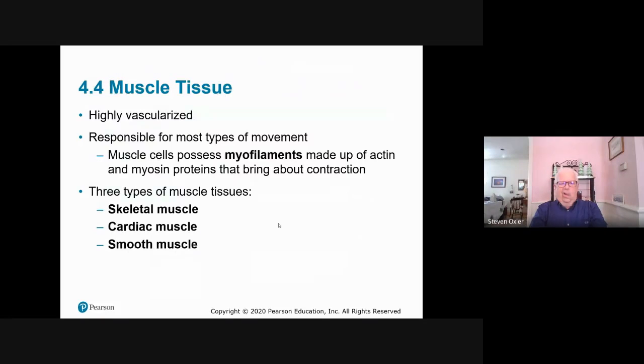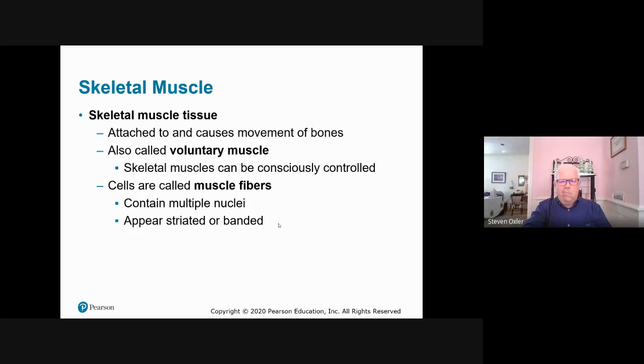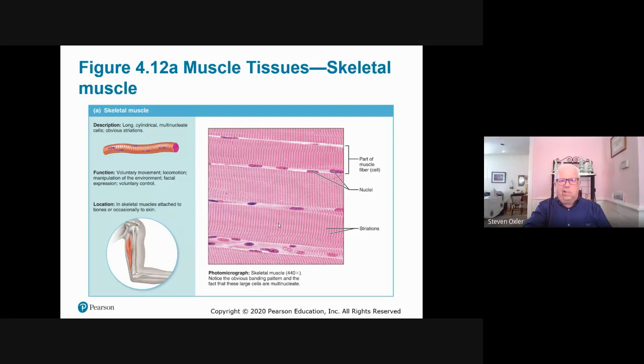Muscle tissue. We're going to talk a lot more about muscle tissue. You don't really have to know anything about muscle tissue at this juncture. Just know that it has a lot of blood supply. I'm not going to ask you any questions on muscle tissue on exam number 1 because there's a whole section. It's a whole other exam.